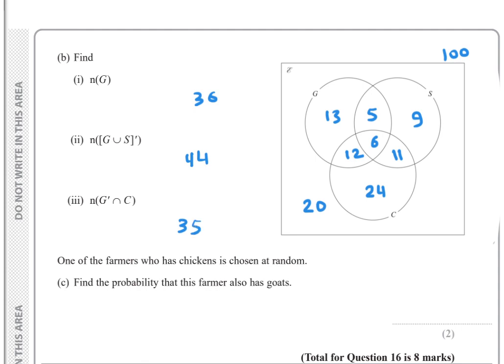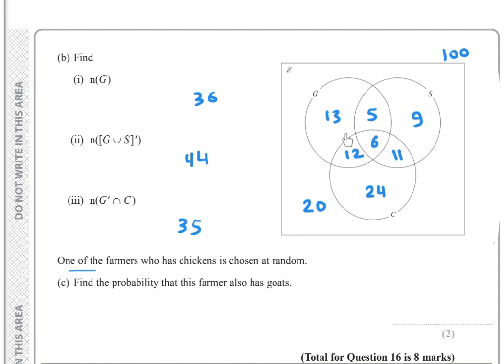One of the farmers who has chickens is chosen at random. Find the probability that this farmer also has goats. So we need to choose from the farmers who have chickens, so from this circle. We have 12 plus 6 plus 11 plus 24 to choose from, the number of C, 53.